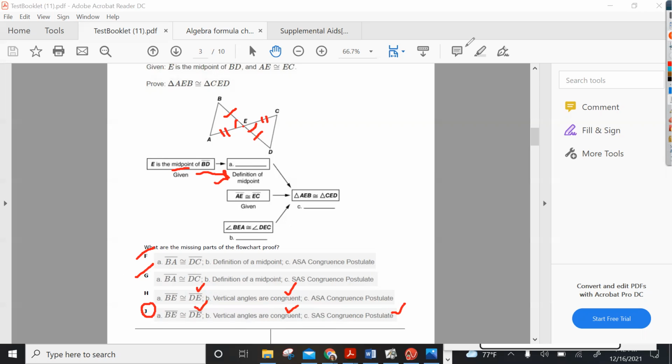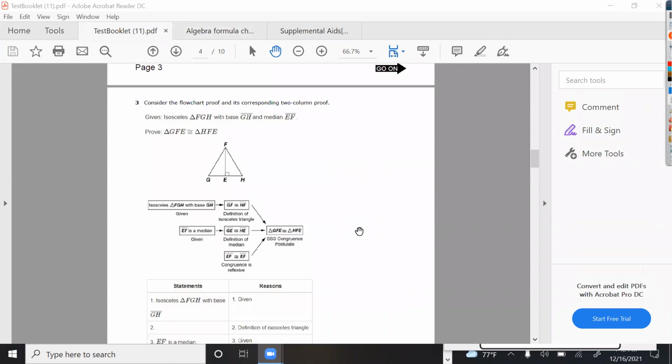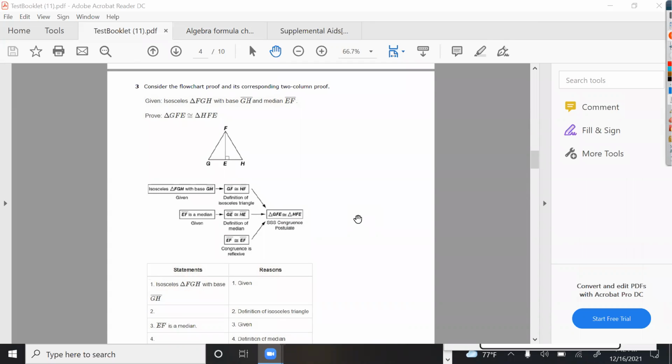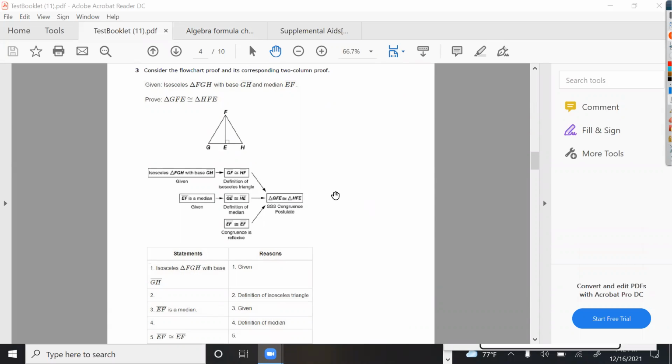Okay, I'll go ahead and erase. Consider the flowchart proof and the corresponding two-column proof. Given the isosceles triangle FGH with a base of GH and a median of EF, prove that GFE is congruent to HFE. So we have the isosceles triangle.